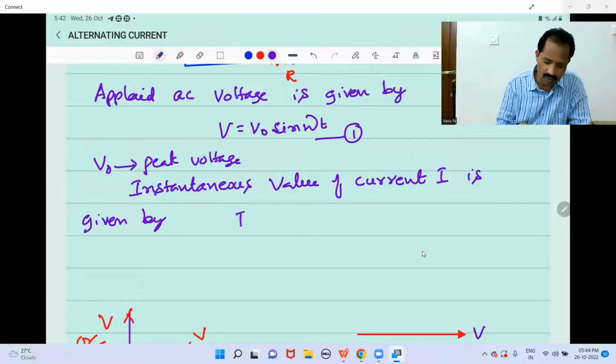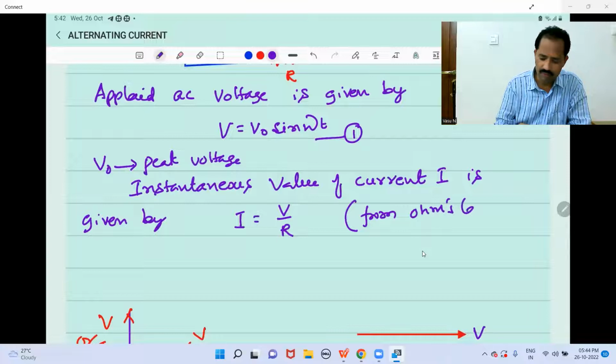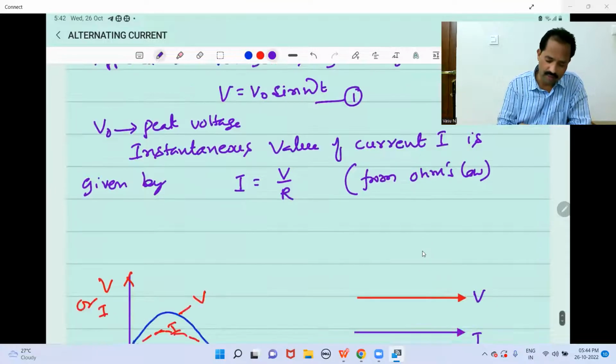We have I is equal to, from Ohm's law, V by R. ಎಲ್ಲಿಂದ ಬರುತ್ತದು? From Ohm's law.